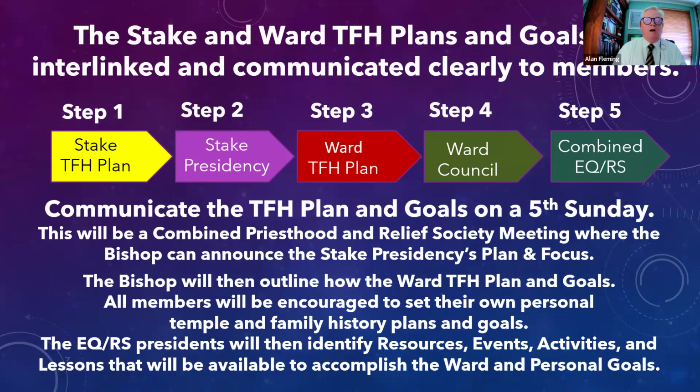And the bishop can then outline the ward temple and family history plan and goals, and all members are encouraged to set their own personal temple and family history plans and goals. Because it's not just about setting a ward plan, but encouraging members to write their own personal plans. And the Elders Quorum and Relief Society presidencies can then identify the resources, the events, the activities and lessons that will be available to accomplish those ward and personal goals.